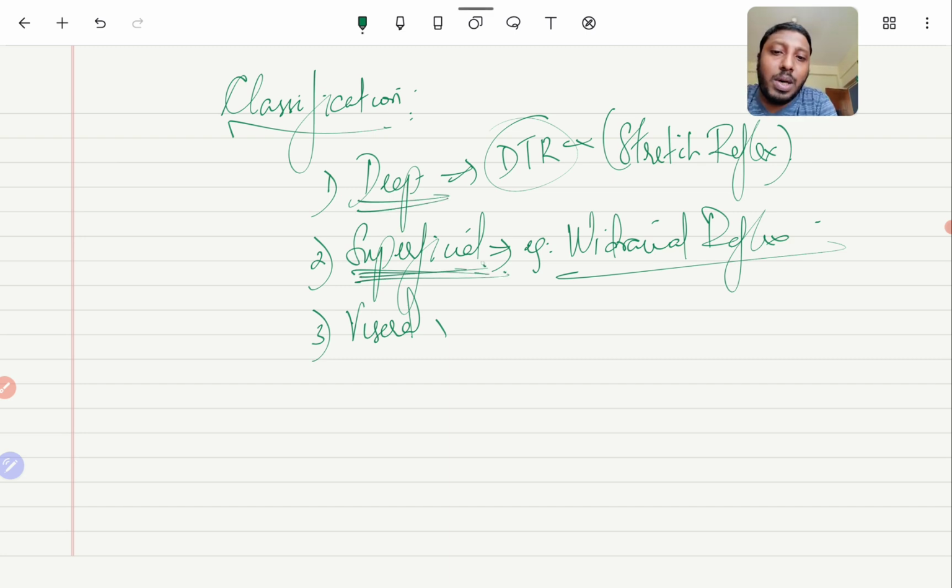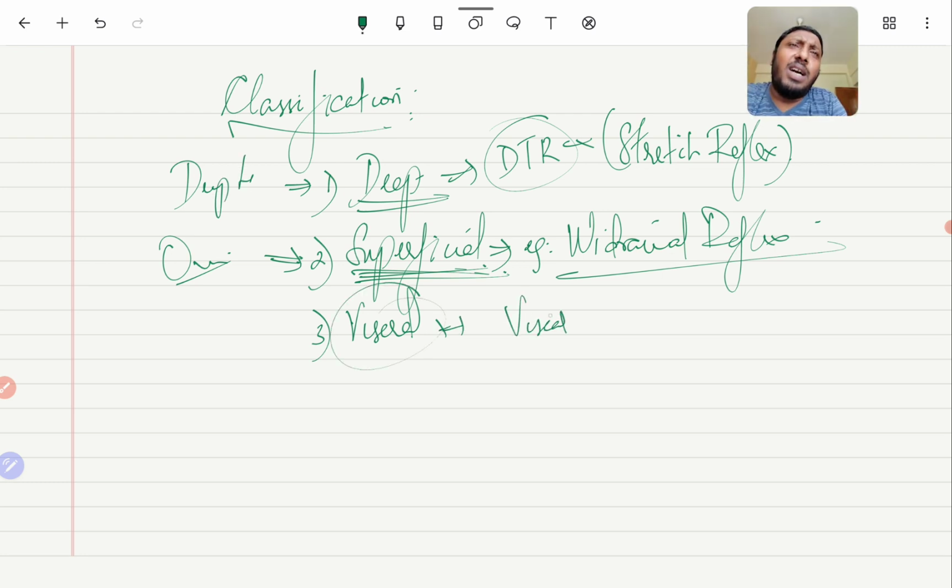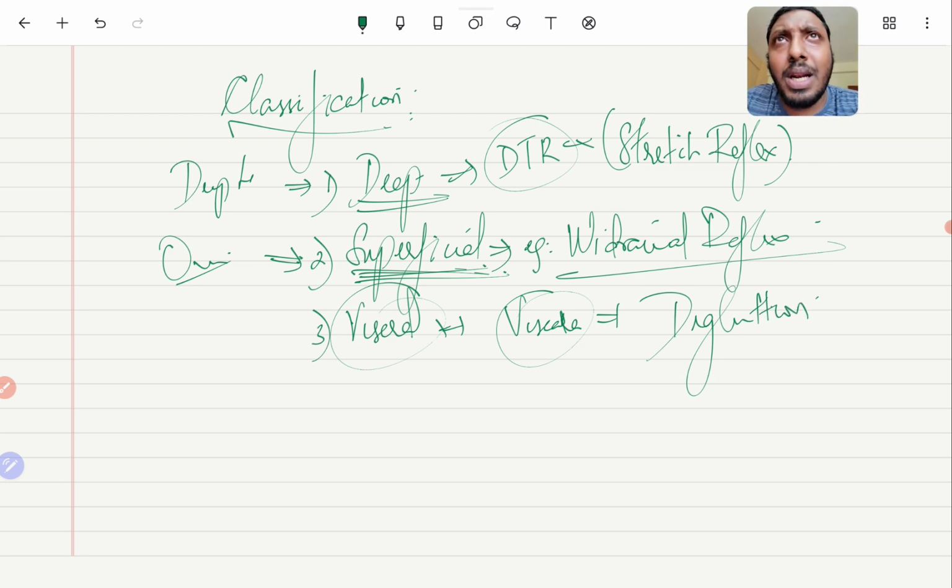Origin is the most important thing. Superficial reflexes originate superficially, deep reflexes originate in the deep tendons, and visceral reflexes start in the viscera, like deglutition. I guess everybody is aware of the visceral reflexes, the baroreceptor reflex, the respiratory reflex.